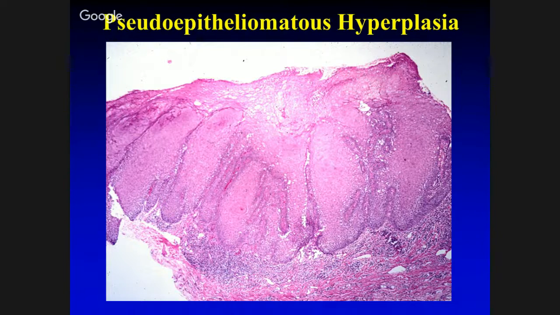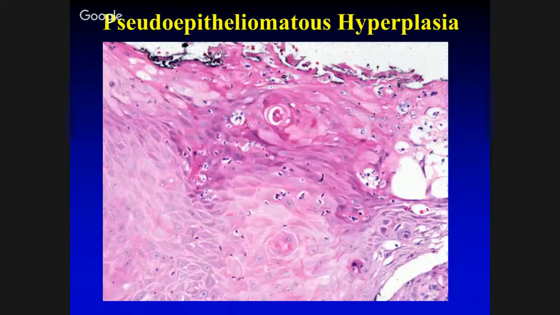So here's another case of pseudoepitheliomatous hyperplasia, a very florid hyperkeratotic oral cavity lesion with elongated rete. So one of the things that can come to mind is verrucous carcinoma. It didn't quite have the morphology. Many times in these upper airway lesions, there's fungal colonization. And when you see neutrophils in the epithelium, particularly in the surface epithelium, that often, but not always, means that there's some fungal form there.